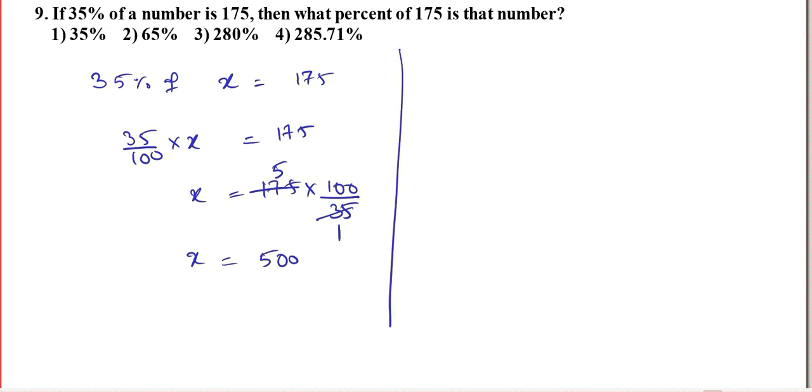And what we are asked to find out is what percent of 175 gives you 500. That means suppose y percent of 175 gives you 500, then y by 100 into 175 gives you 500.